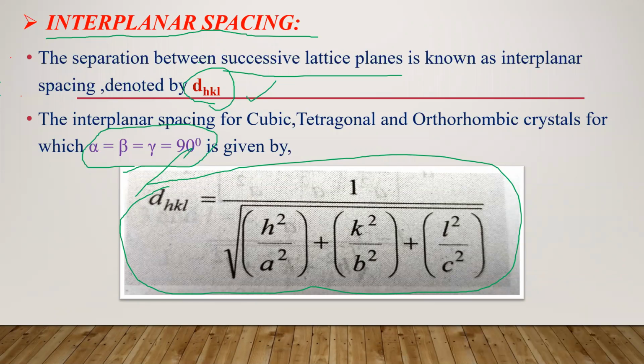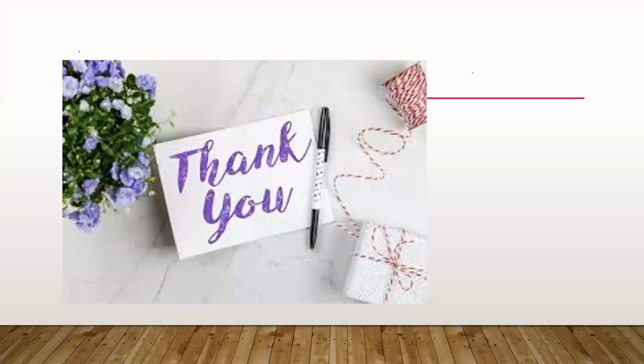We can calculate it directly using d_hkl = 1 by root of h square by a square plus k square by b square plus l square by c square. For a cubic structure, a is equal to b equal to c, so substituting, I directly get d_hkl equal to a by root of h square plus k square plus l square.